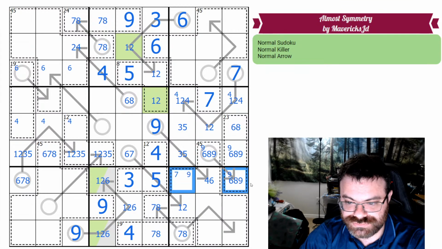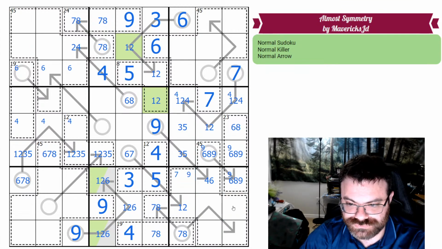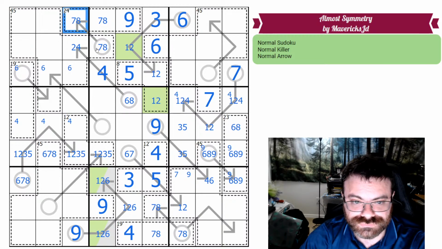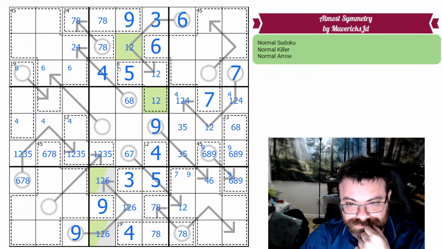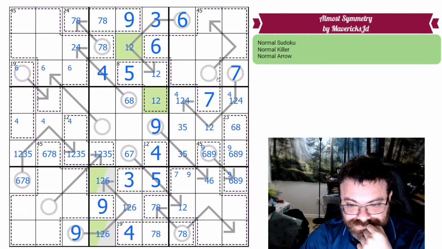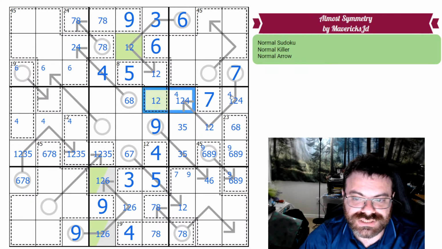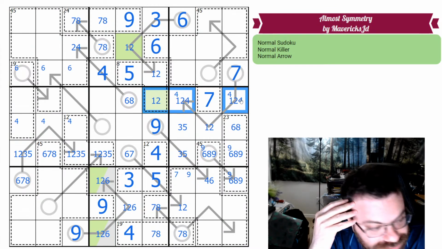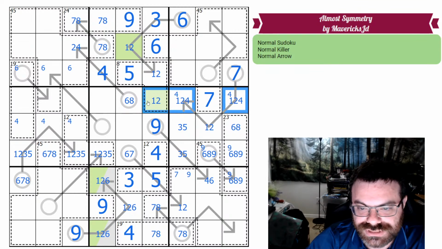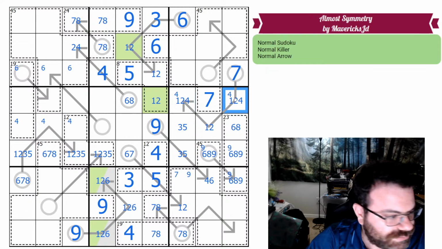There's a 9 in one of these two. It's because of this 1, 2, 4 triple. 4 is limited in the box. It's a box line reduction because in this row 4 is limited to these two.